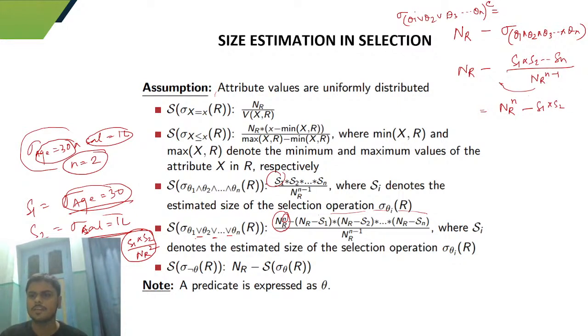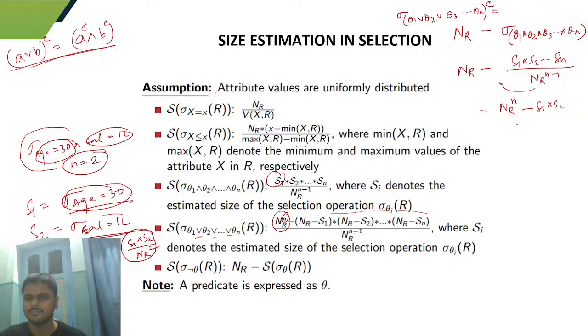So it is nothing but De Morgan's law. What do we know by De Morgan's law? A or B complement is actually A complement intersection B complement. So from this De Morgan's law we have this.